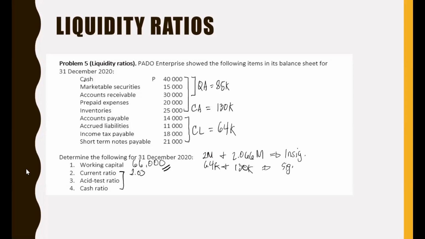Inventories need to be sold first, and normally we sell on account, so that will become accounts receivable before we can convert them into cash upon collection. So basically, inventories are not quick enough to be included in our quick assets.